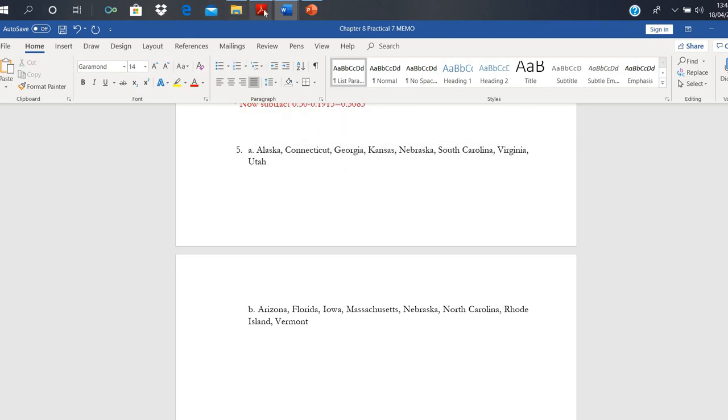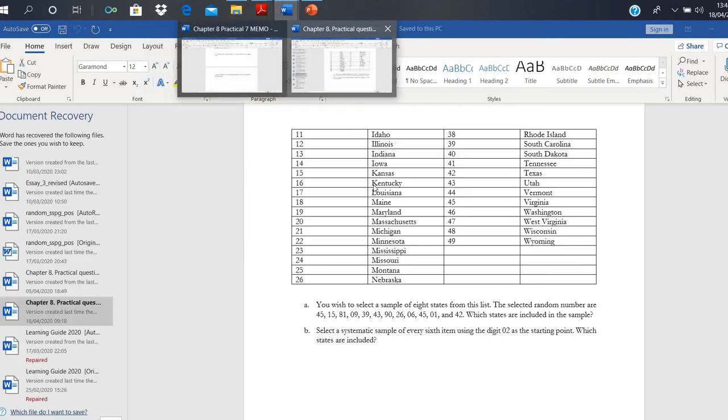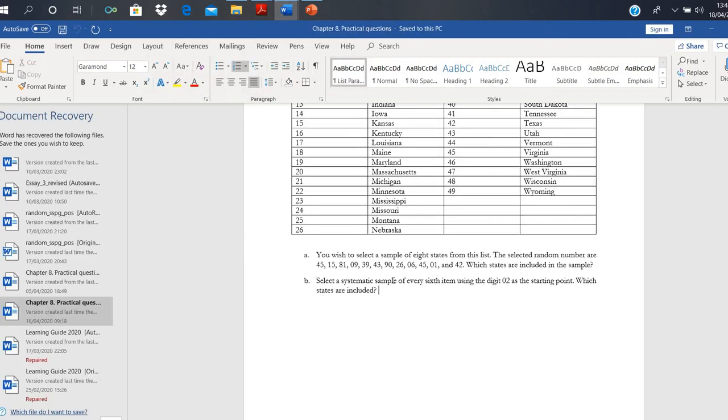So now, second question, question B. Select a systematic sample of every 6th item using the digit 02 as a starting point. Remember, we have said that in a systematic random sample, a starting number is selected, and every kth number will be picked up as part of your sample.